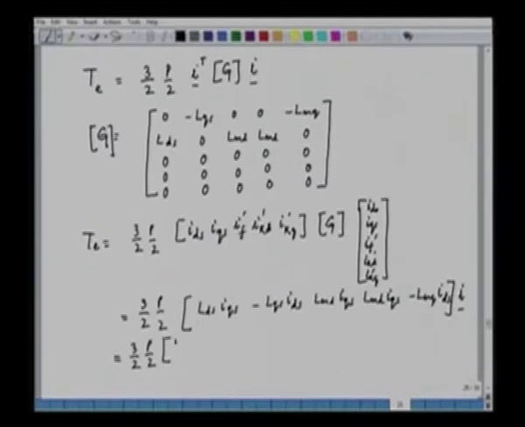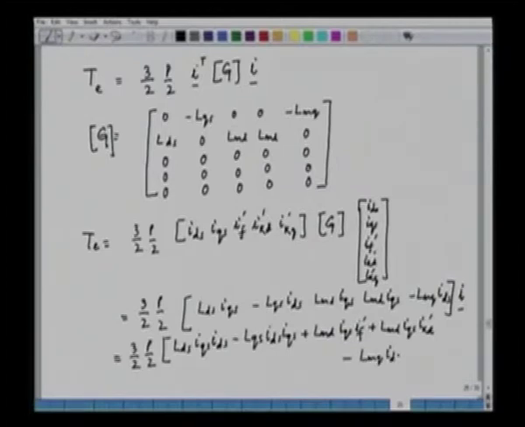So if we simplify this, we get 3 by 2 into P by 2 times LDS IQS IDS minus LQS IDS IQS plus LMD IQS IF prime plus LMD IQS IKD prime minus LMQ IDS IKQ prime.